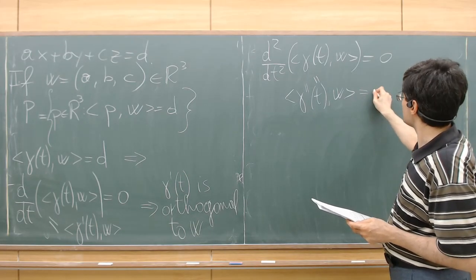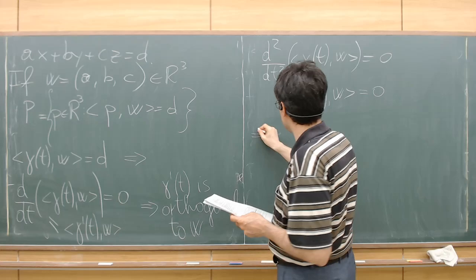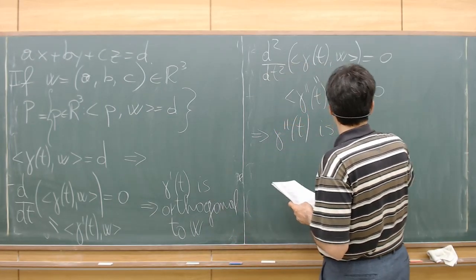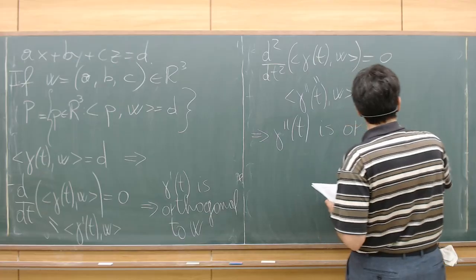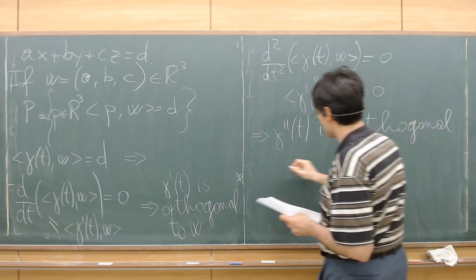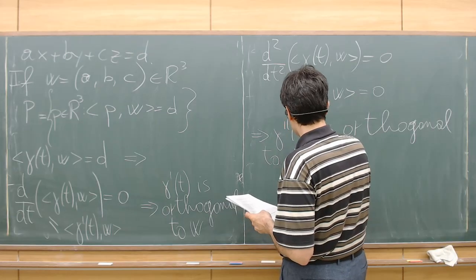So this is 0 and this says that gamma second(t) is orthogonal to w.